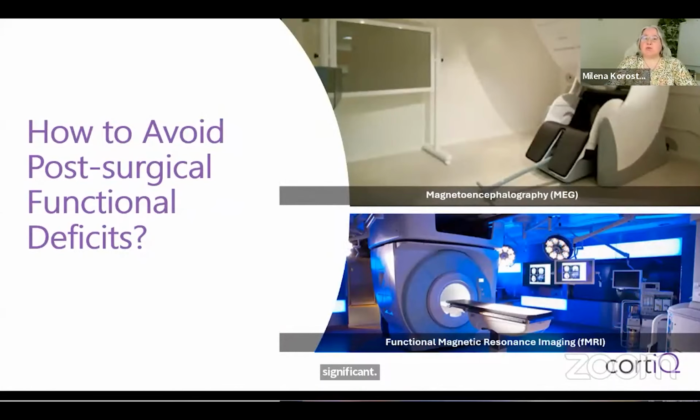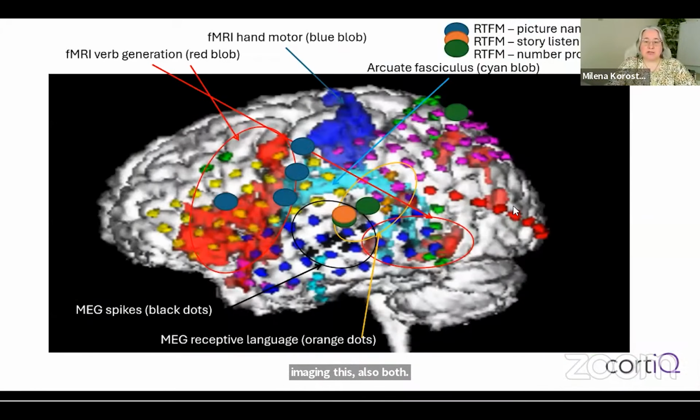So how to avoid it? How to make sure that we don't cause those post-surgical deficits? We have, of course, non-invasive technologies like magnetoencephalography and functional magnetic resonance imaging. These are also both at Florida Hospital, currently AdventHealth.